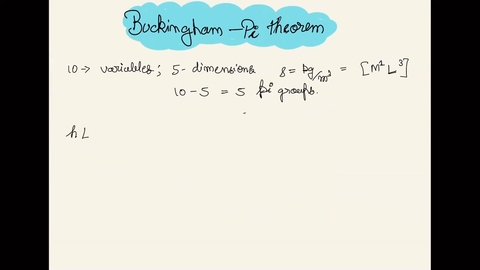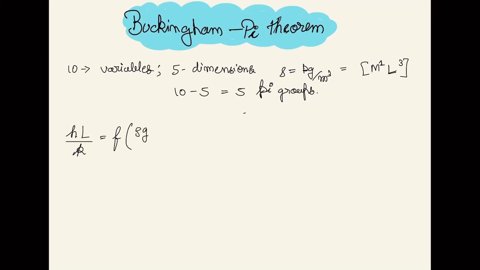A very important non-dimensional number that involves h is the Nusselt number. So I keep the Nusselt number on one side and express it in terms of the other 4 non-dimensional or dimensionless numbers.